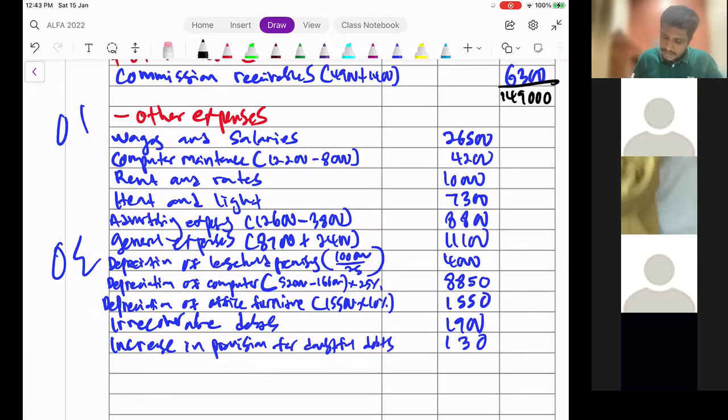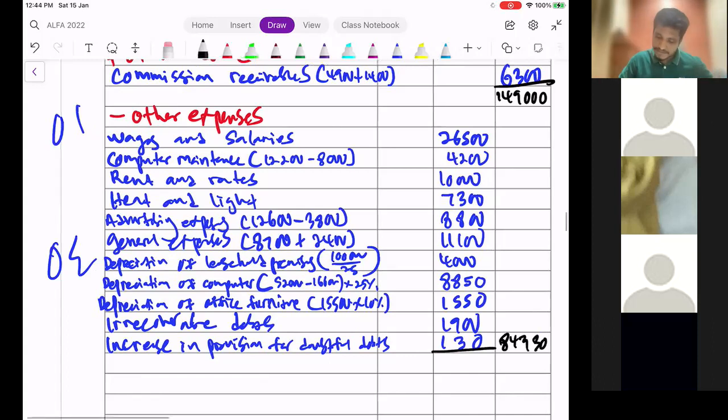What you can do is total up all the expenses: 26,500, 4,200, 10,000, 7,300, 8,800, 11,100, 4,000, 8,850, 1,550, 1,900, 130. So total expenses 84,330, except the bank loan interest.